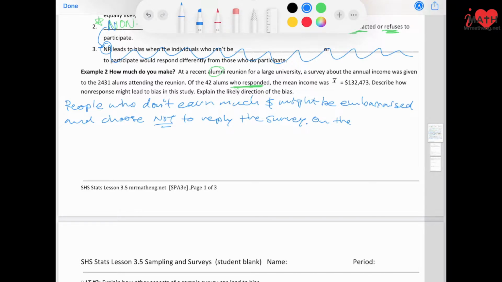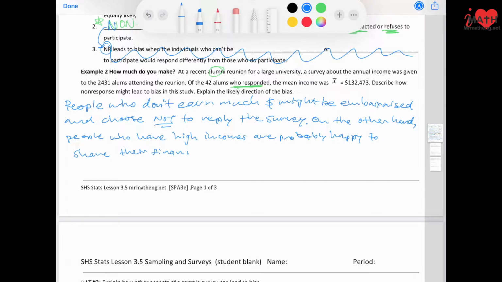On the other hand, if you make a lot of money, what would happen? People who have high incomes are probably very happy to share their financial success. So what's the direction of our bias?